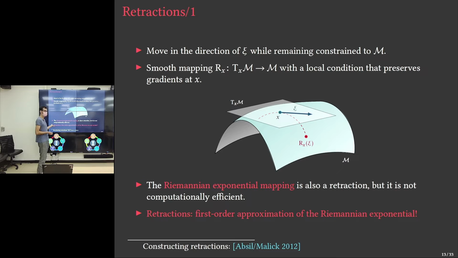So that's what retractions are. Retractions are in general first order approximations to the Riemannian exponential. So really like doing a Taylor expansion, a Taylor series, and then you truncate it to the first order, and this might give you a retraction, okay?